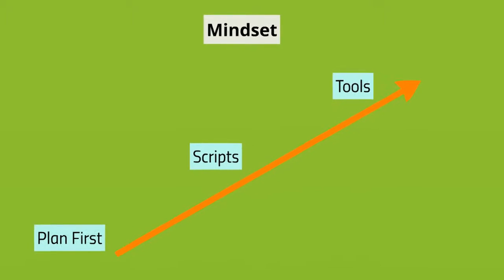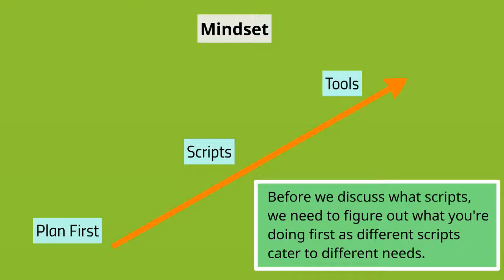All right. So before we discuss what scripts to use, we really need to figure out what you're doing first, as different scripts cater to different needs. We could talk about Amember Pro, which is one script that I personally recommend, and that's something that I've used for literally the last decade and a half.